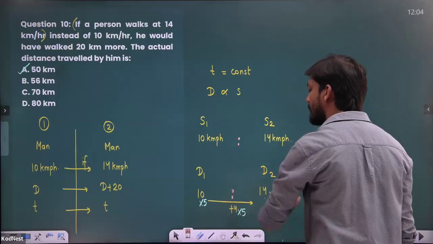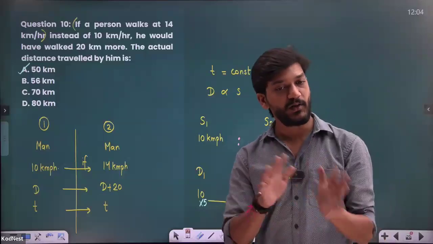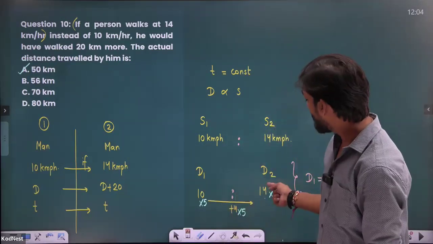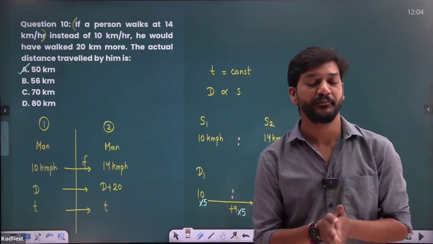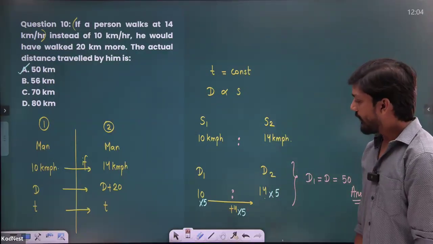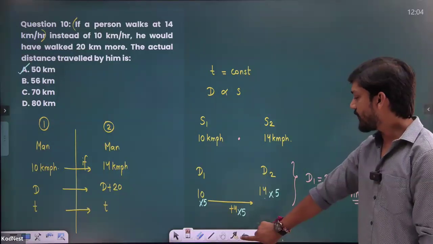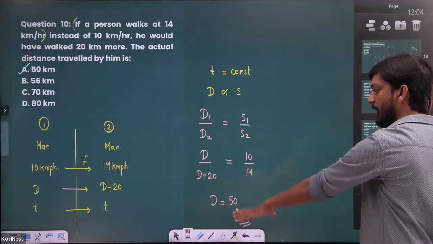But I know ratio is not values. Ratio has to be multiplied, then it will give you the values. All right. So two ways, both are 90% similar, I will say.